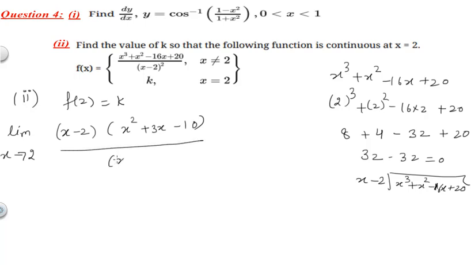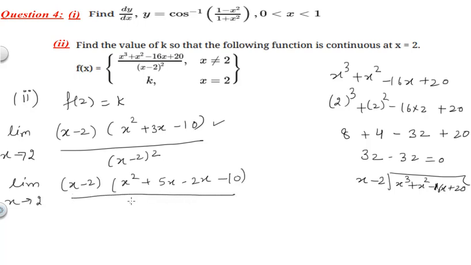In the denominator we have x minus 2 whole square. Let us solve it further by splitting the middle term in this expression. We can write x square plus 5x minus 2x minus 10, because it gives 3x and the product is minus 10.